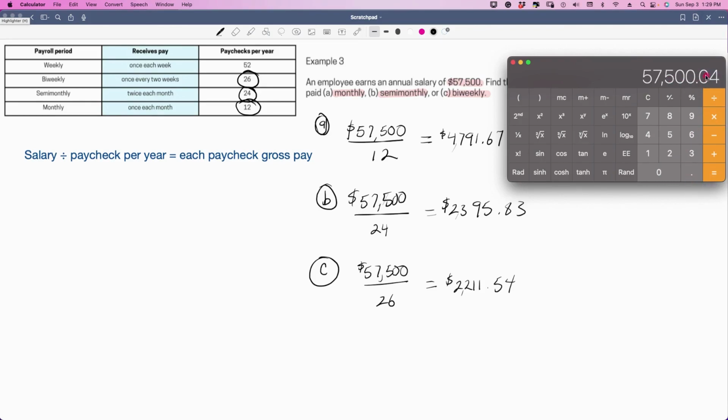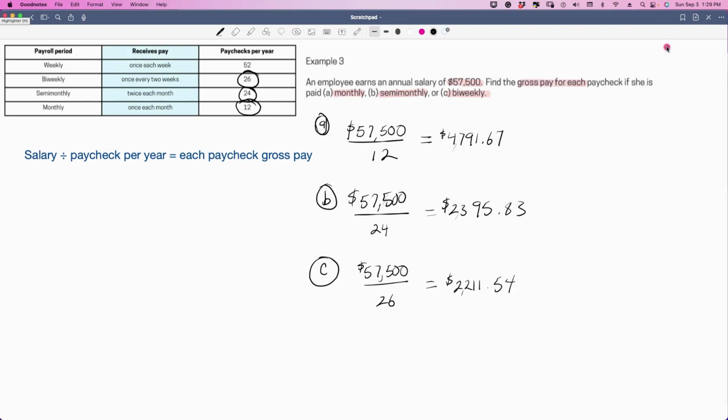So this is 4 cents over, right? Her $57,500 salary. So her very last paycheck would be 4 cents less. So her 12th paycheck would equal $4,791.63 because they make all their adjustments in the last paycheck.